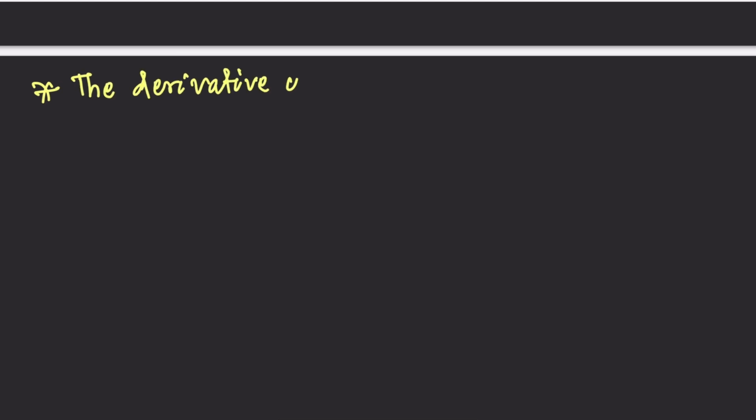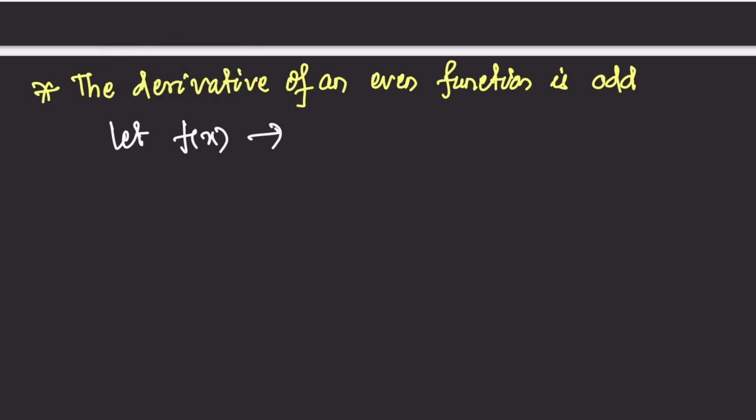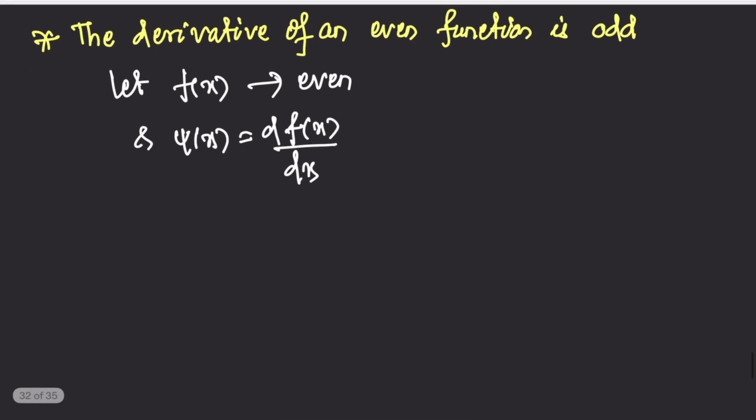We can also prove that the derivative of an even function is an odd function. Let f of x be an even function and psi of x be defined as the derivative of f of x.